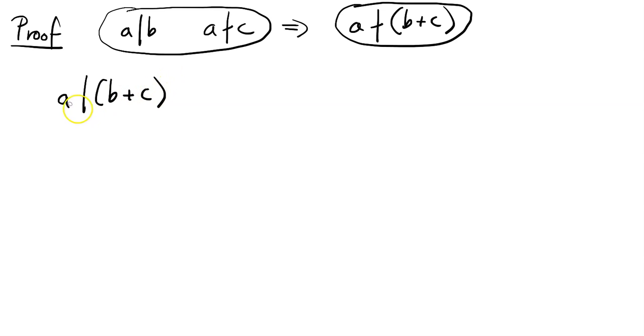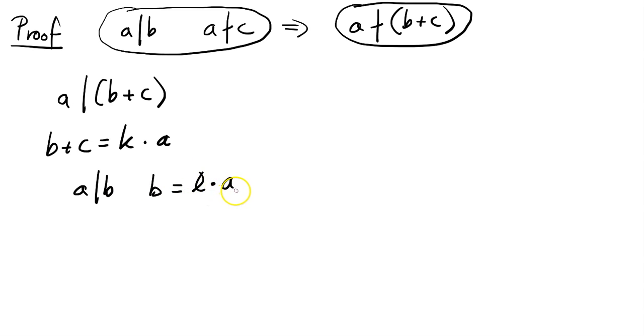Okay. If this is the case, then it must be that B plus C is equal to some number times A. That's just the definition. Okay. Then according to the preconditions here, we have that A divides B. And that means that B can be written as some integer times A. Okay.